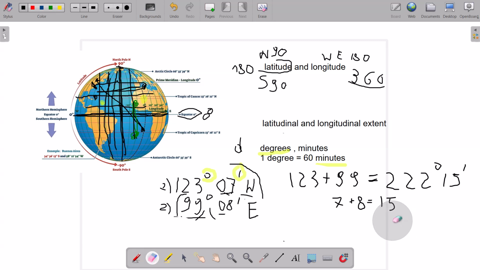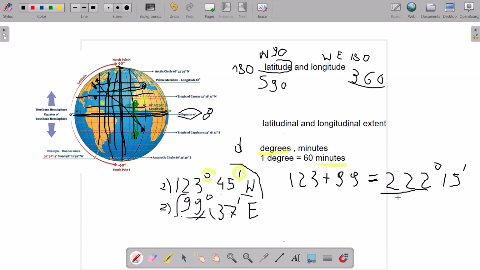Okay, that was pretty easy. But there's another case. What if the number exceeds 60? So for example, we don't take 7, but we can take, let's say, 45, and the other will take 37. So okay, it will still be 123 plus 99, which is 222, right?